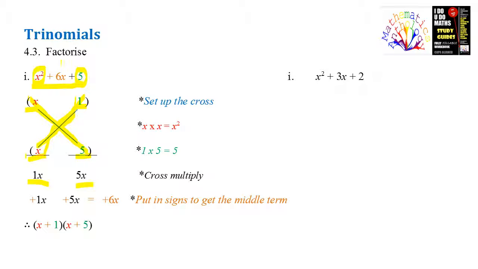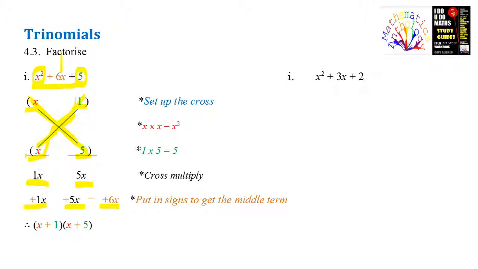My middle term is positive 6x. What I have here is positive 1x and positive 5x. I need to get positive 6x. So to get positive 6x, I know that this needs to be a positive 1x, this needs to be a positive 5x. Because positive 1x plus positive 5x will give me positive 6x, which is my middle term, so that's correct.